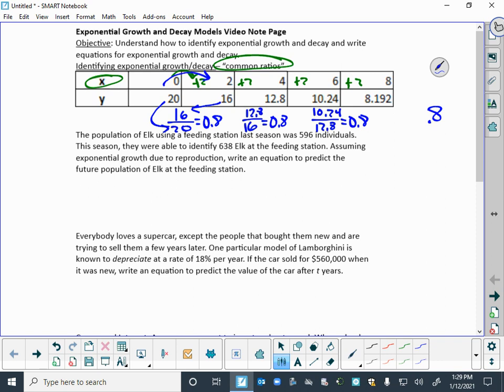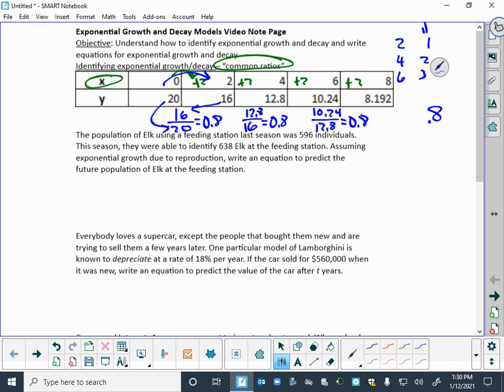This is one time multiplying by 0.8. If my input is 4, I want to multiply by 0.8 2 times. If my input is 6, that's multiplying by 0.8 3 times.